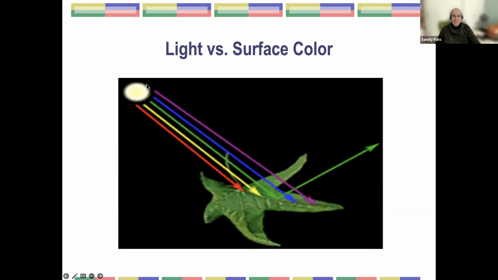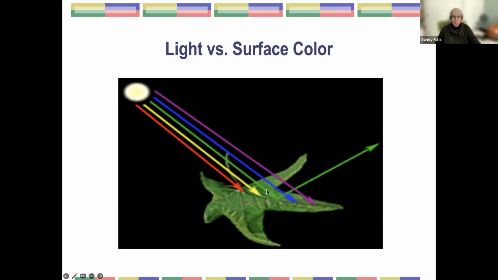Now, the sun is white light. It has all the different colors of the rainbow. The reason I see this leaf as green is not because it's made from green light. It's because it absorbed from the white light the red, the yellow, the blue, the indigo.